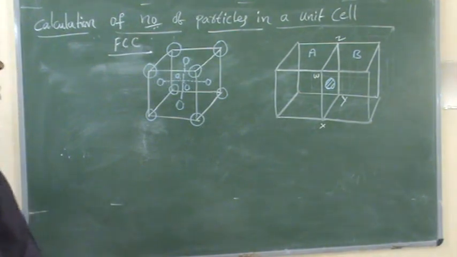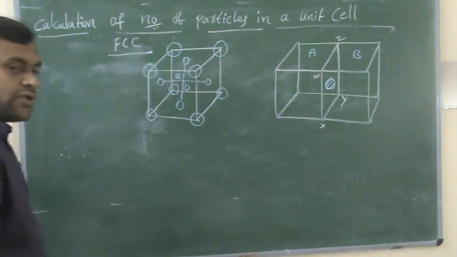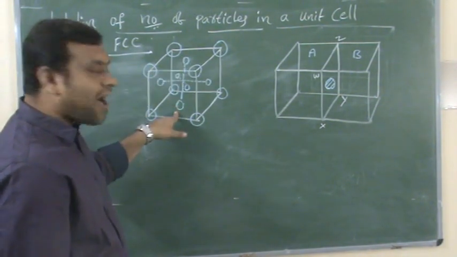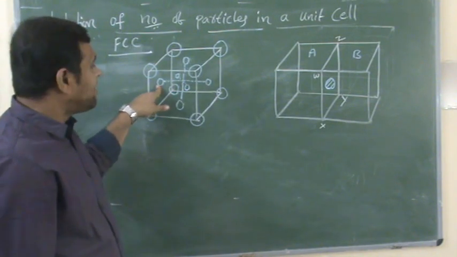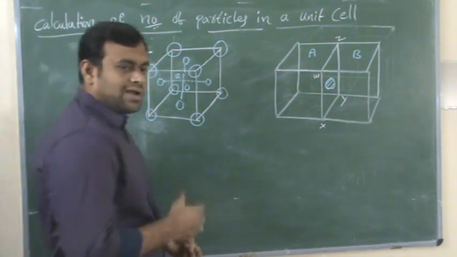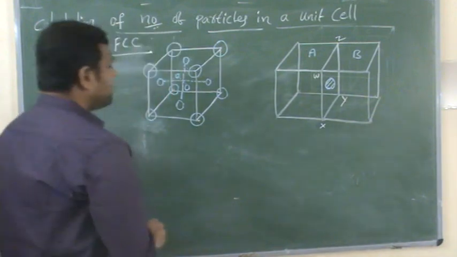Now, let's calculate the number of particles in face-centered unit cell. 2 particles at top and bottom, 2 particles at left and right, and 2 particles at front and back.